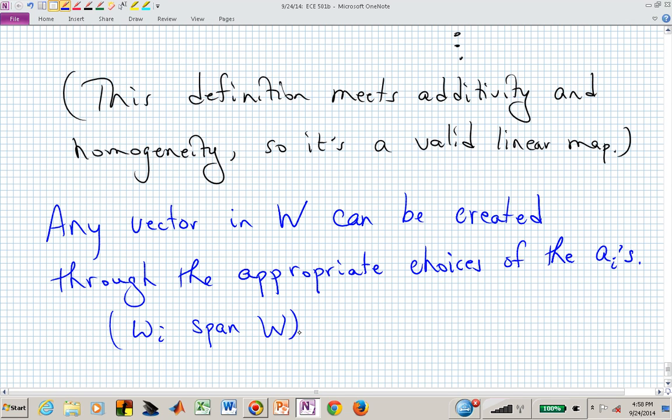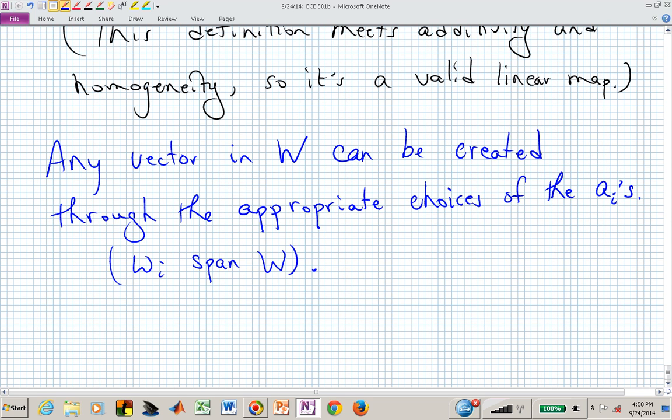And we know that because the w sub i's are a basis, which means they span all of that codomain W. What can we say then about the linear map T? If we can go to any point in the codomain W, what property does T have? Surjective, isn't it? Now the range of our linear map covers all of the codomain, so T is surjective.